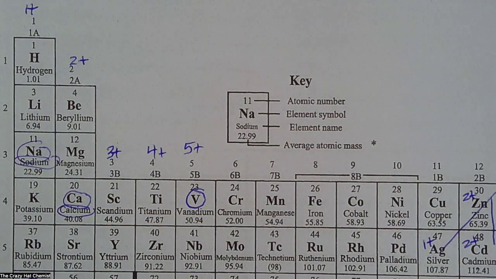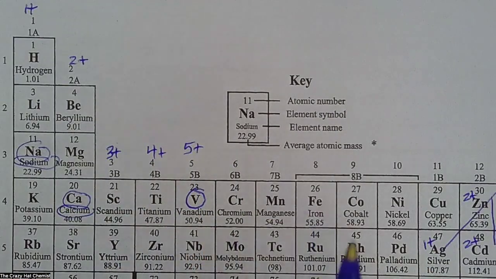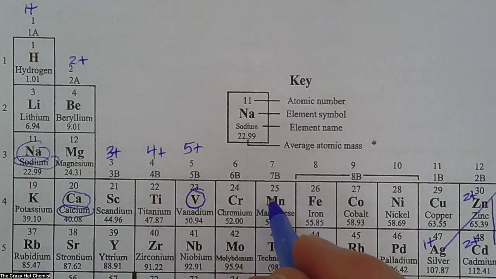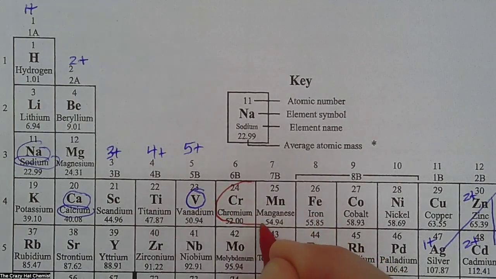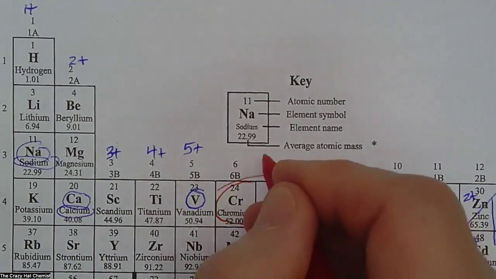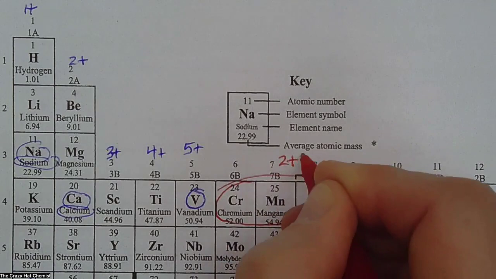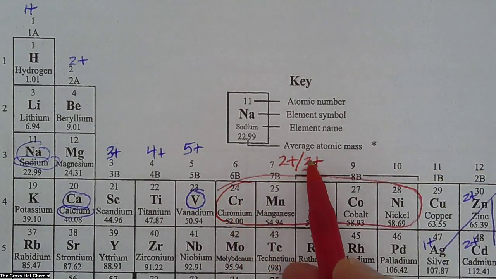I have counted 5 elements, 5 columns, if you will. Now I'm going to count 5 more elements, okay? And that is 1, 2, 3, 4, and 5. So these 5 elements have 2 charges, a 2 plus and a 3 plus. So that's a Roman numeral 2, Roman numeral 3.